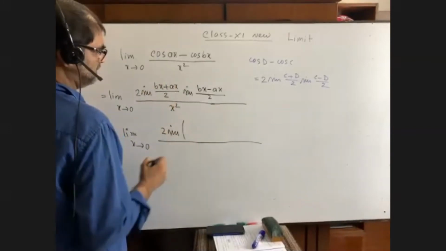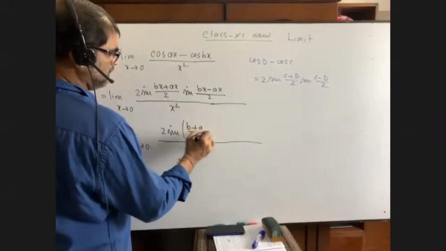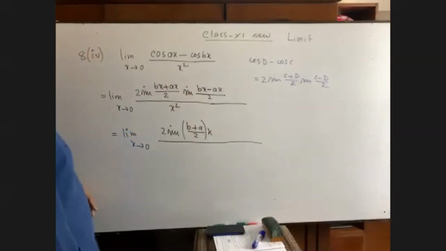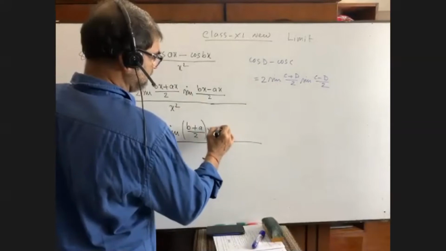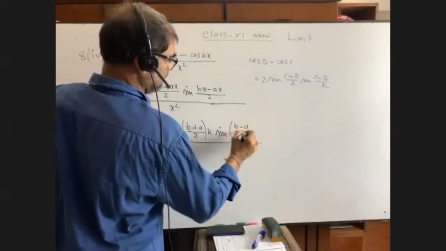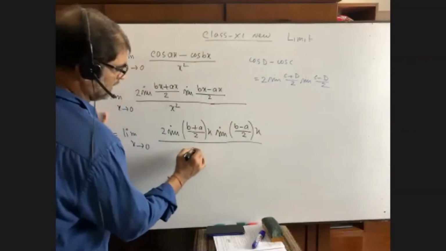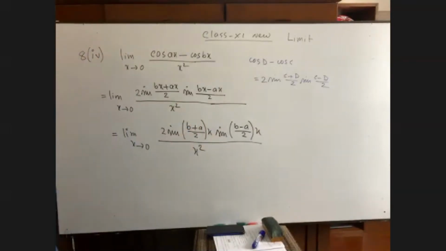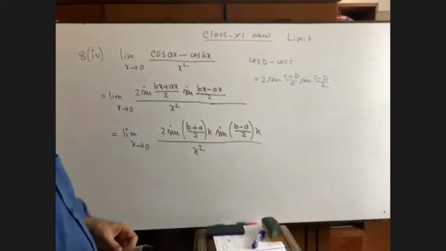In this way, you see, sine (b plus a) x by 2, sine (b minus a) x by 2, by x square. Important math, the most important math. Actually, I have done nothing.